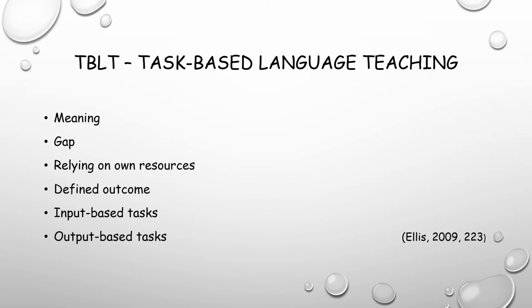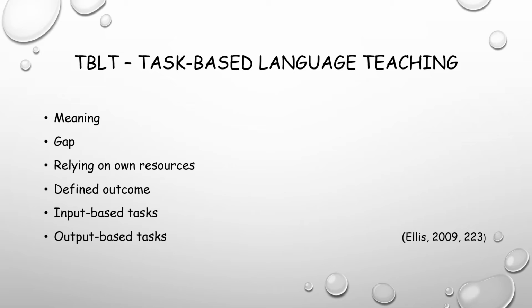Relying on own resources: the learners in a TBLT task rely on their own resources, either linguistic or non-linguistic, to be able to finish the task. Defined outcome: the language serves as the means for achieving an end in its own right. TBLT tasks may be focused or unfocused.